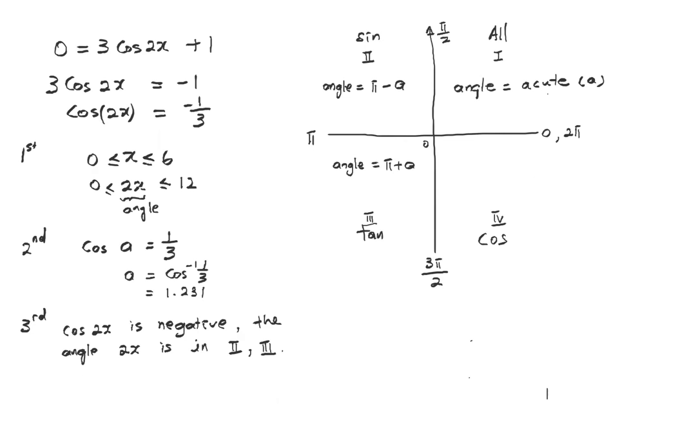Are you clear? If the angle is in the fourth quadrant, then the size of that angle will be equal to 2 pi minus the acute angle. If you go second round, you always add 2 pi.